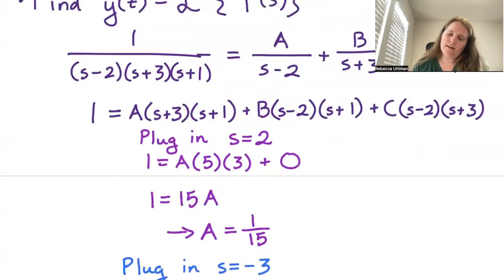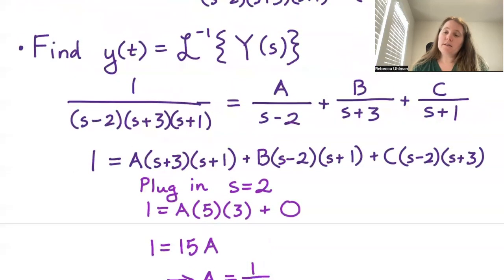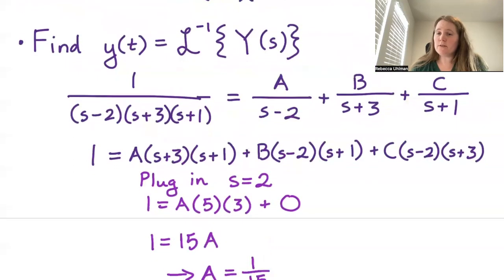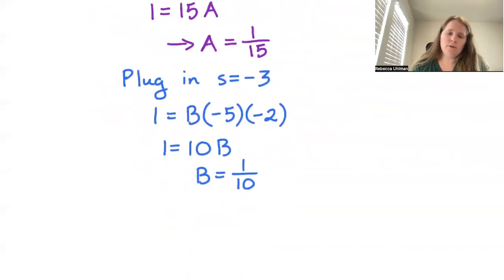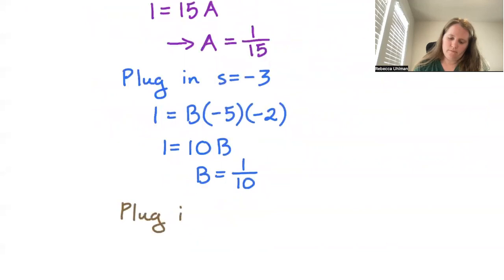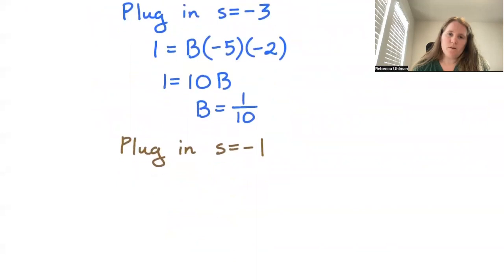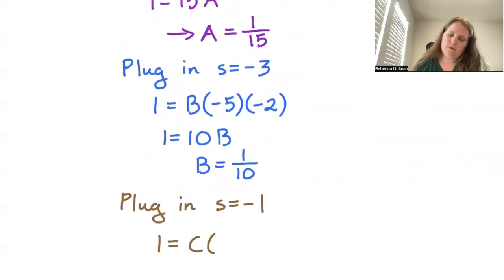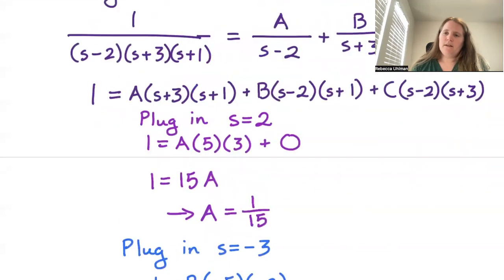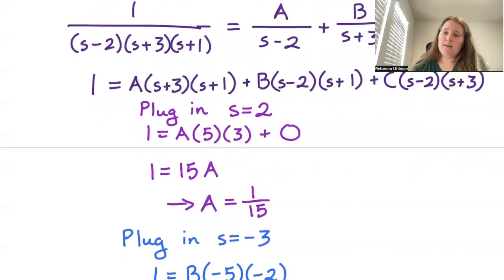And then for our last term, we're looking at c over (s plus 1). So let's plug in s equals -1. This becomes 1 is equal to c times, we should have an (s minus 2) times an (s plus 3).